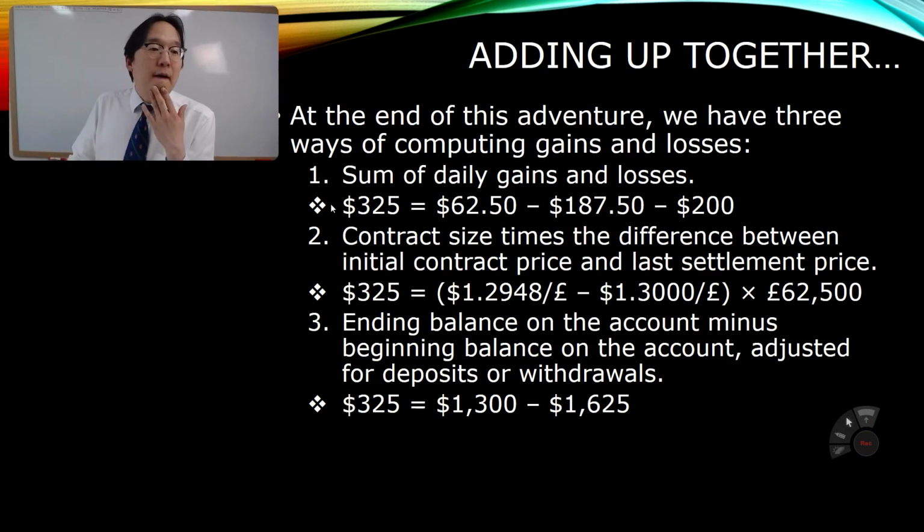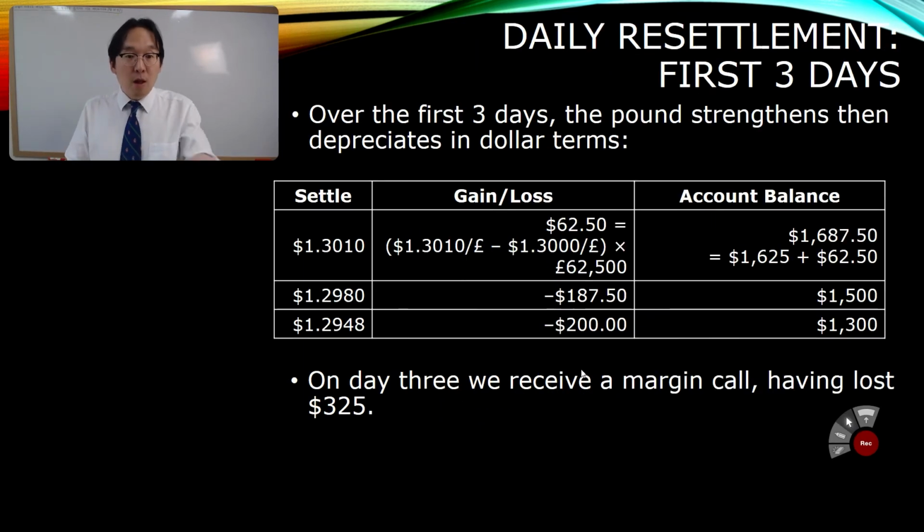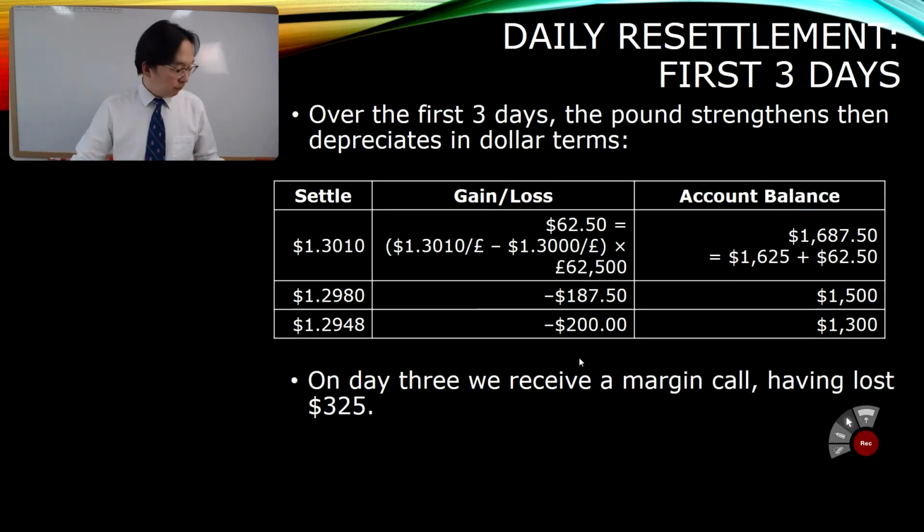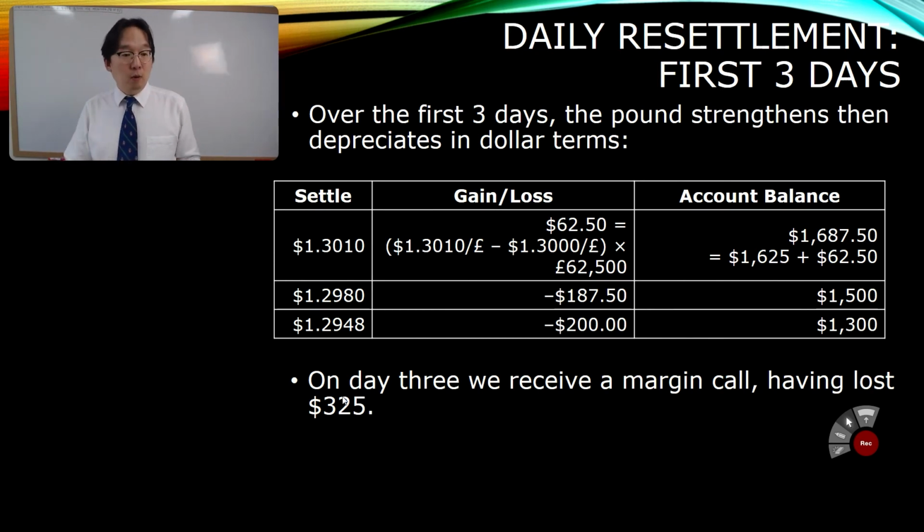And at the end of this adventure, we have 3 different ways of computing gains and losses. You will end up with the same number of 325 in gains and losses. On day 3, we receive a margin call having lost 325.